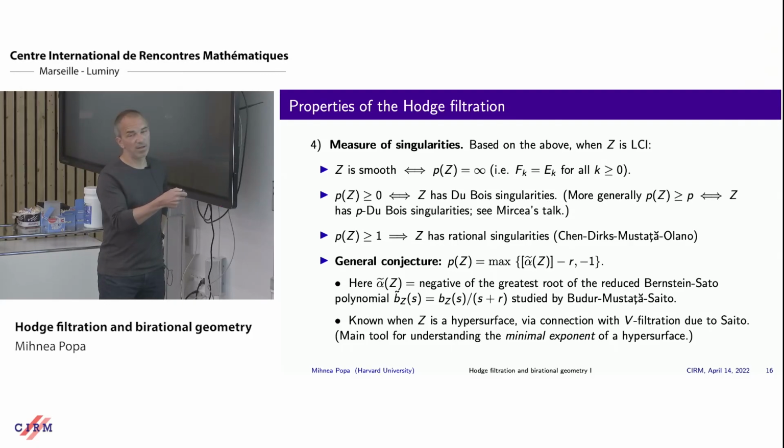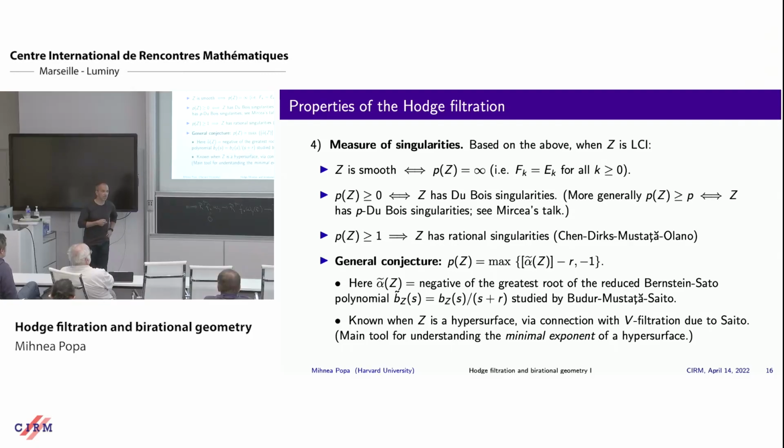We usually denote it like this, call it the minimal exponent, by analogy with the case of hypersurfaces. And the claim is that the singularity index is computed in terms of the integral part of this minimal exponent. Okay, so it's determined by the minimal exponent, but only up to integral part. So that's the conjecture.